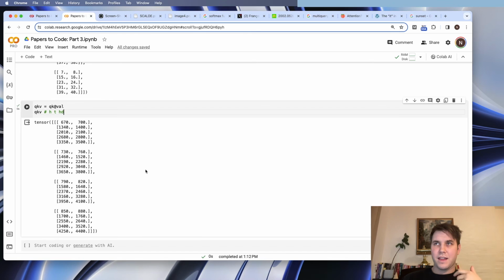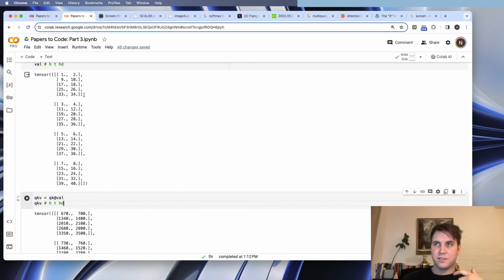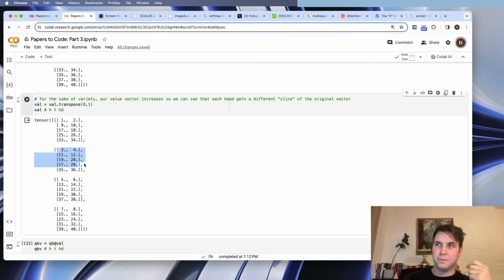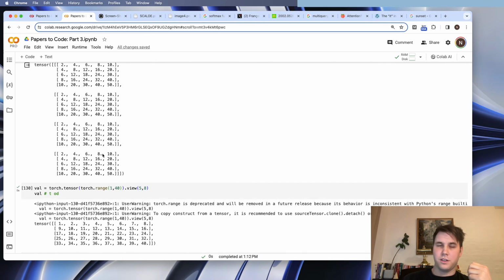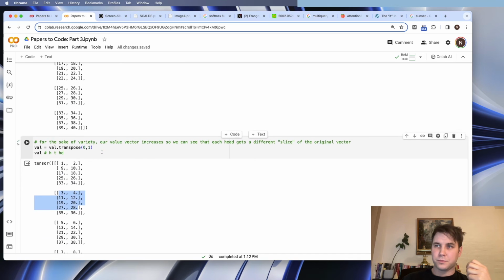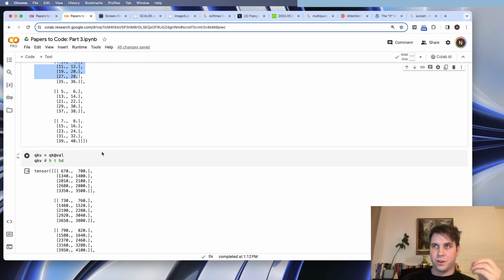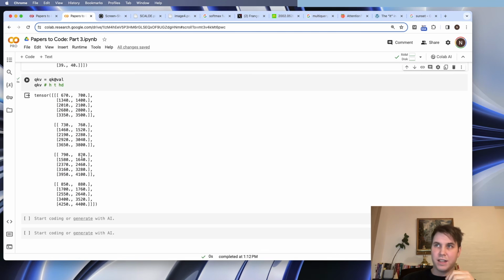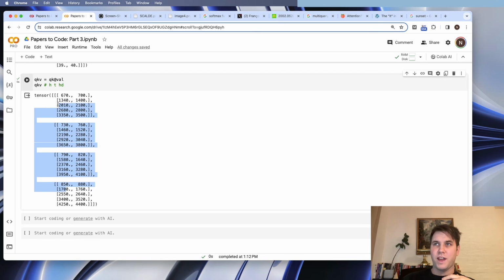Because these values have different values, or rather the numbers in here aren't the same head to head as they are for the queries and keys, the query key attention scores are actually plucking out different amounts of these values. And so it's being multiplied across the values, and we end up with 4 heads.